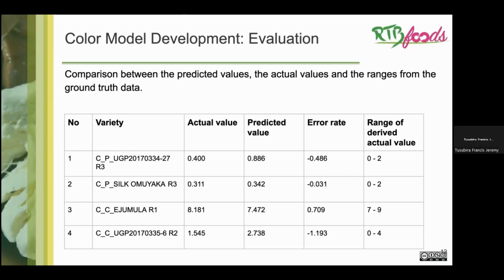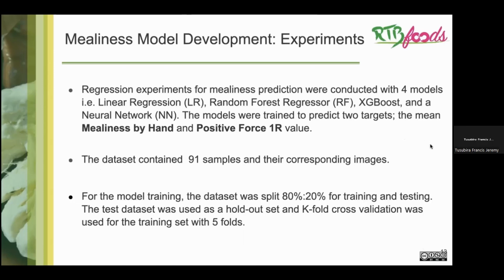We can see from these randomly selected samples from the test set that for most of them we're actually falling within the range, although there are a few samples where that may not be the case. But in this case, for this post evaluation, we see that the predicted milliness value falls within the original range that all the experts gave.